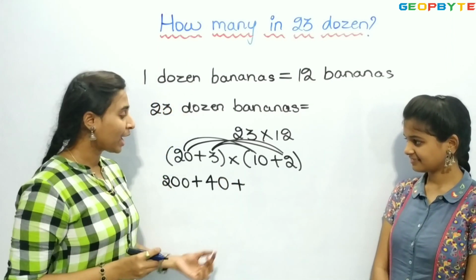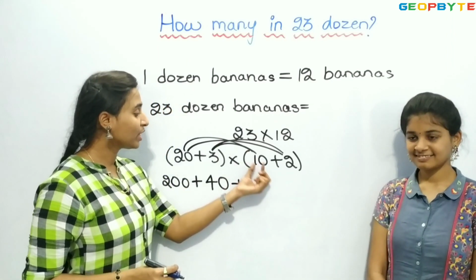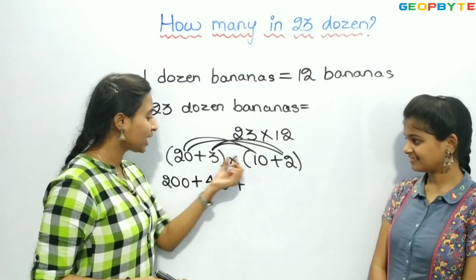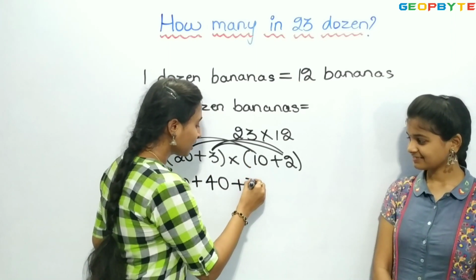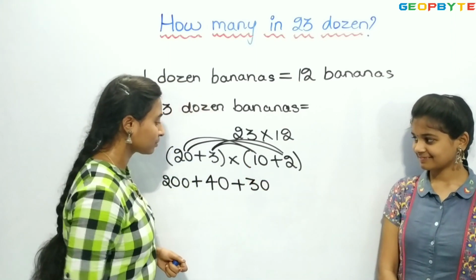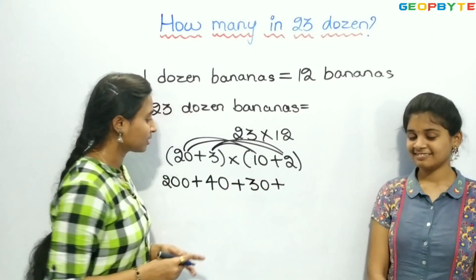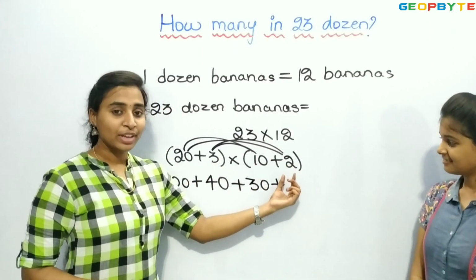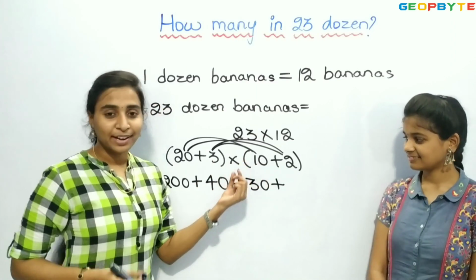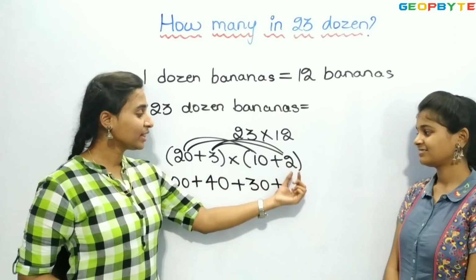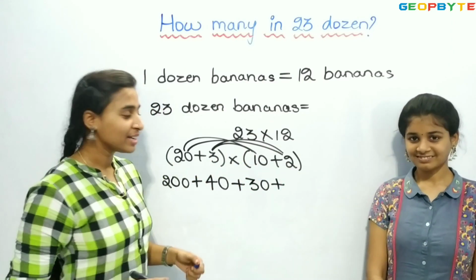Now we will put a plus. We need to multiply 3, right? 3 with 10. So 3 into 10 is nothing but 30, plus 3 into 2. We have multiplied 3 with 10. Now we need to multiply 3 with 2. 3 2s are 6.